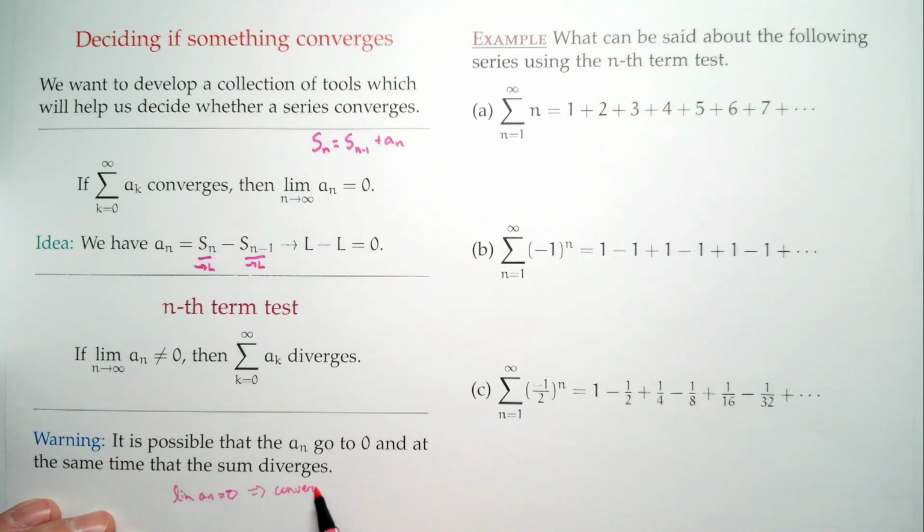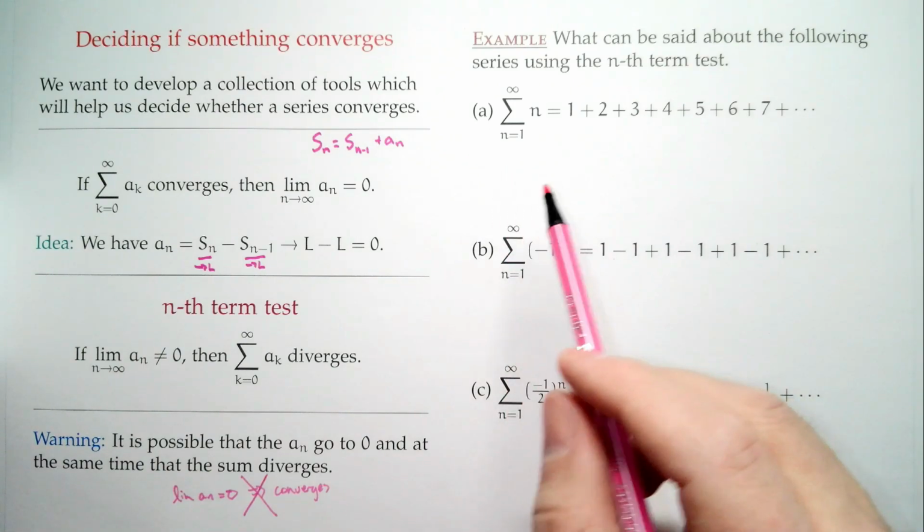And the answer is no, it does not. And we'll do an explicit example of that in just a moment here. So be careful. It's important to understand what things say, but also what they don't say. And we want to make sure we understand what they say. That's our goal.